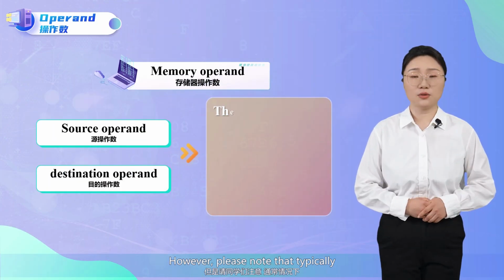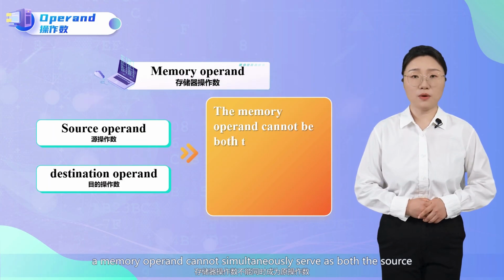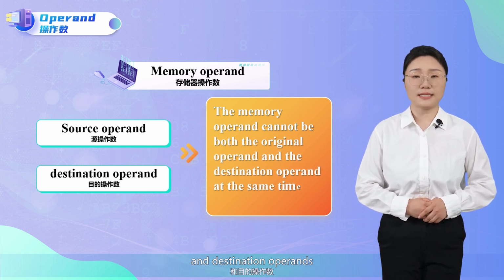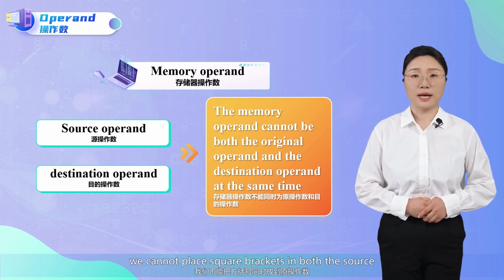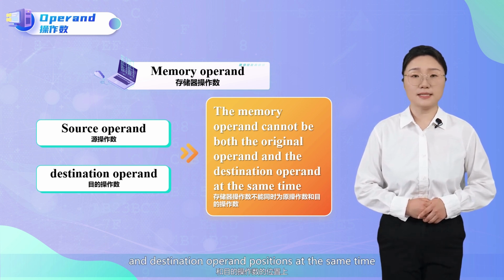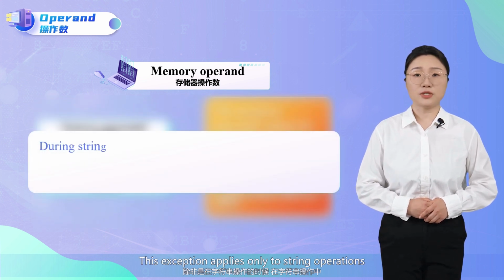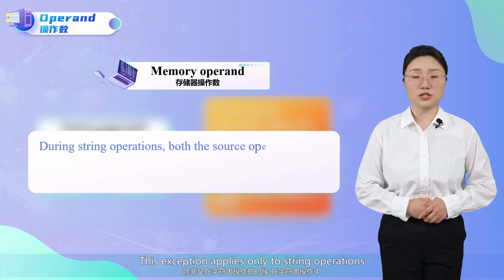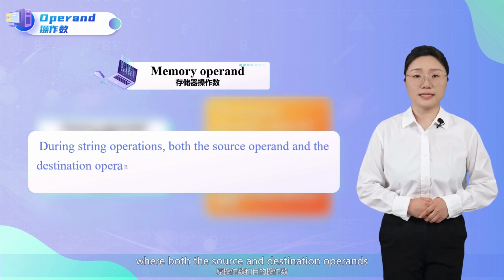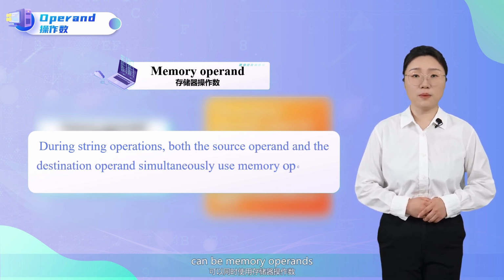However, please note that typically, a memory operand cannot simultaneously serve as both the source and destination operands. In other words, we cannot place square brackets in both the source and destination operand positions at the same time. This exception applies only to string operations, where both the source and destination operands can be memory operands.